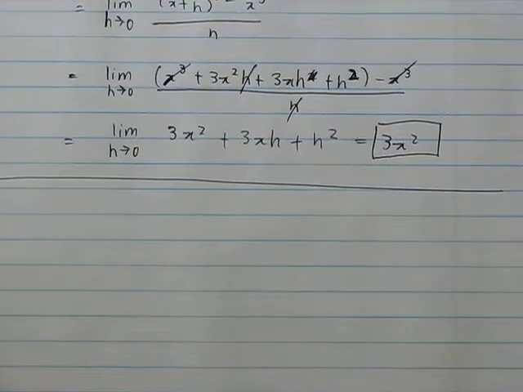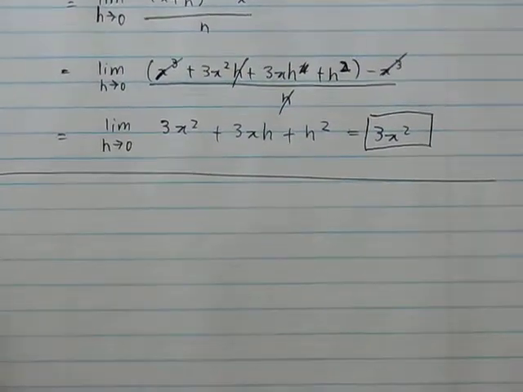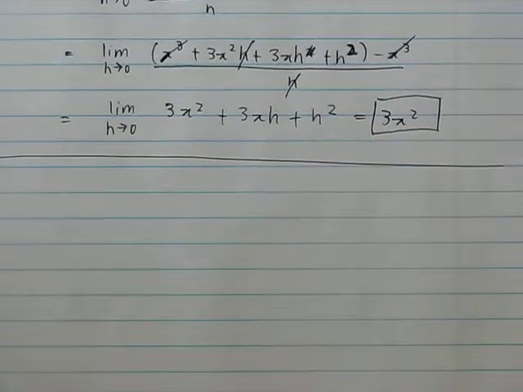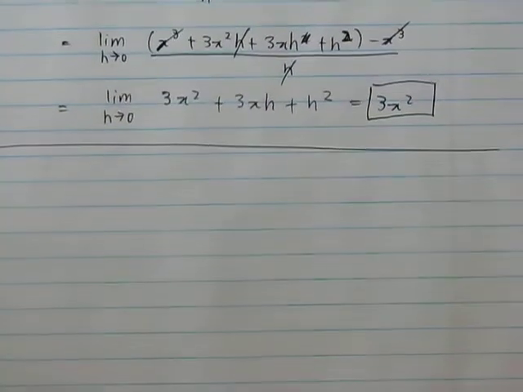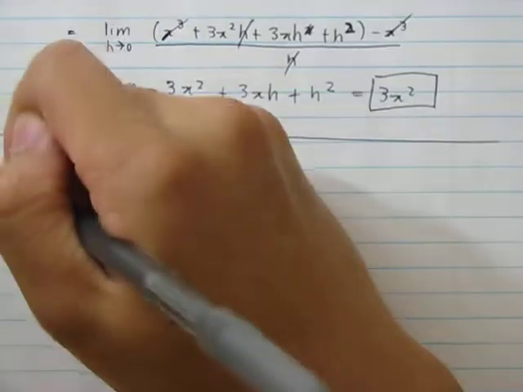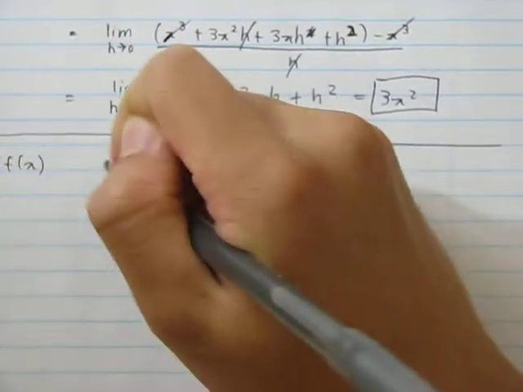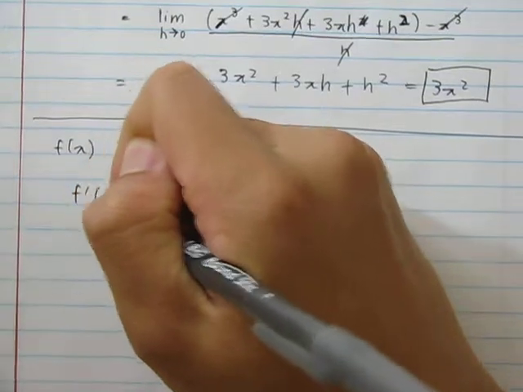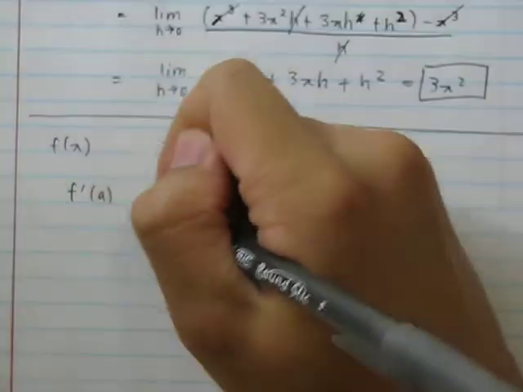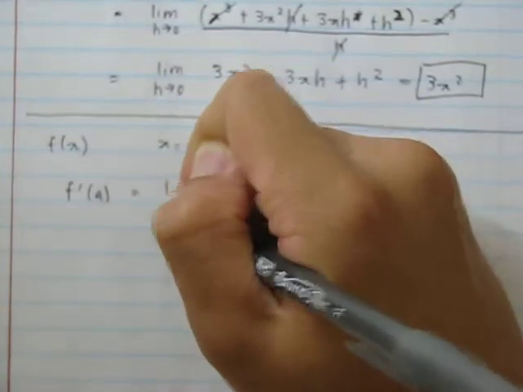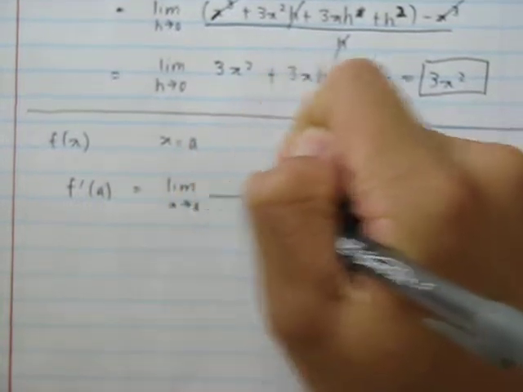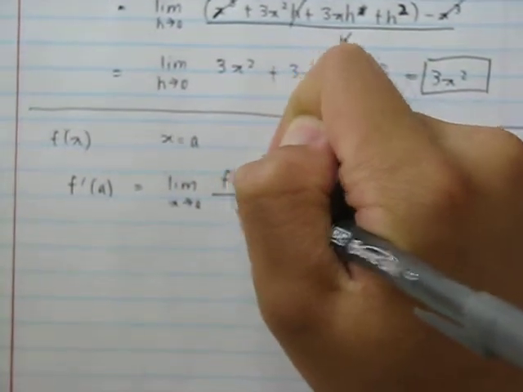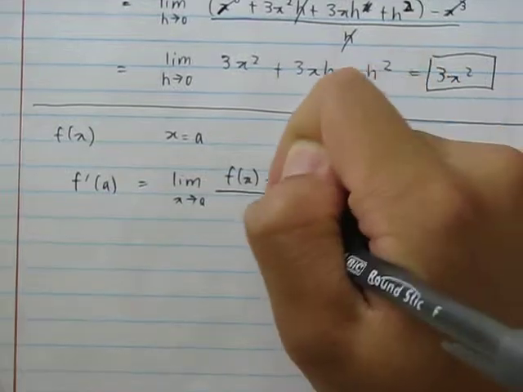Alright, so there's an alternate definition for the derivative at a point, and that definition is, for the function f of x at any point x equals a, your derivative is given by f prime of a equals the limit as x approaches a of f of x minus f of a over x minus a.